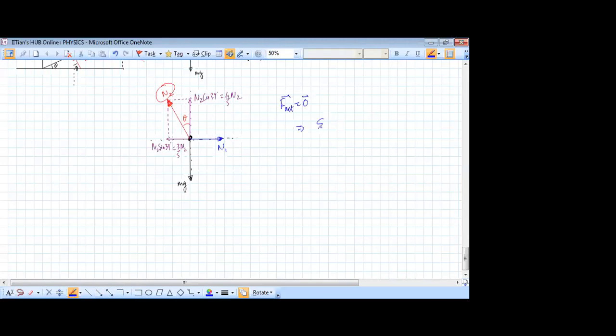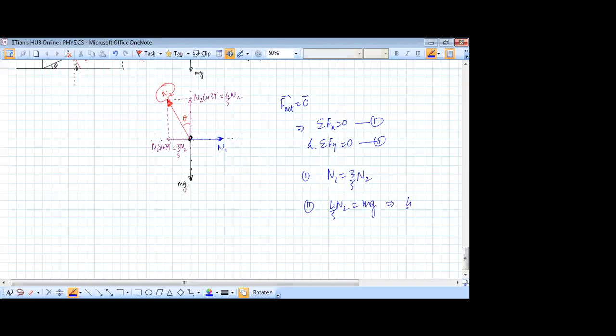That means summation Fx should be 0 and summation Fy should be 0. So from our first equation, N1 should balance 3 by 5 N2. And from our second equation, 4 by 5 N2 should balance mg. Okay.